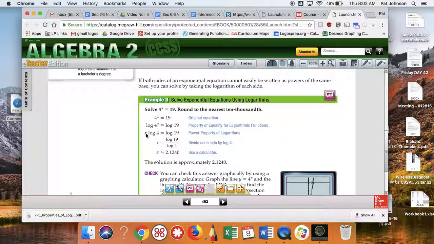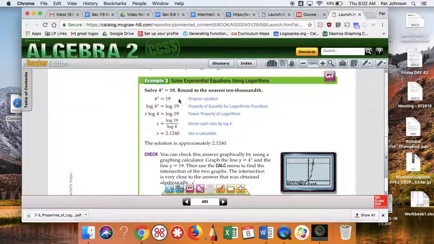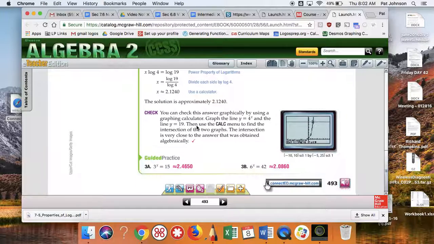Now we use algebra. This implies multiplication, so we divide, and now we have x equals the common log of 19 divided by the common log of 4. You can easily put that in your calculator because it's the common log, and it equals 2.1240. How can you graph that? If you graph each side, y equals 19 and y equals 4 to the x, where the two lines cross is approximately this value if you do the intersection.